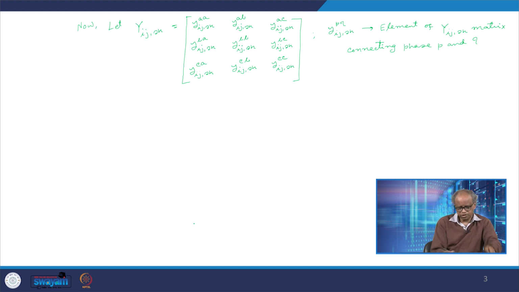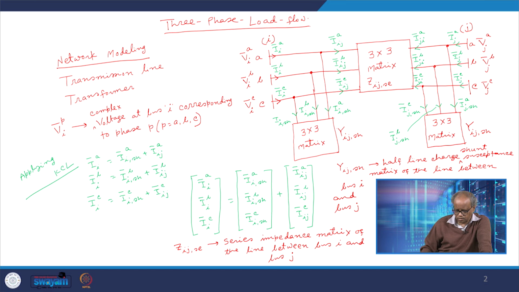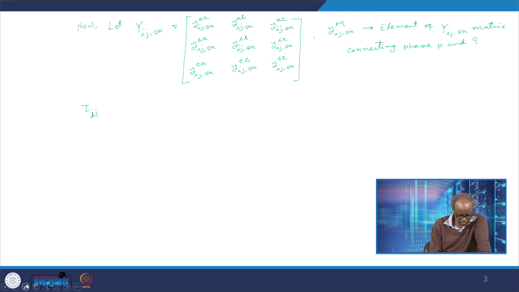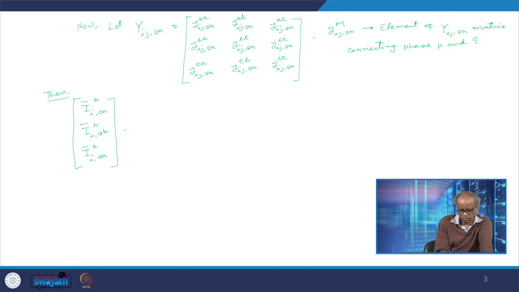So the relationship would be, as we have already said, but we are just recalling: I_ij shunt A, I_ij shunt B, I_ij shunt C is equal to essentially this matrix.